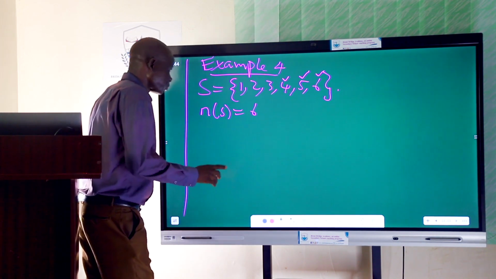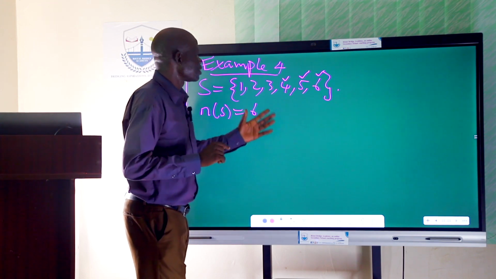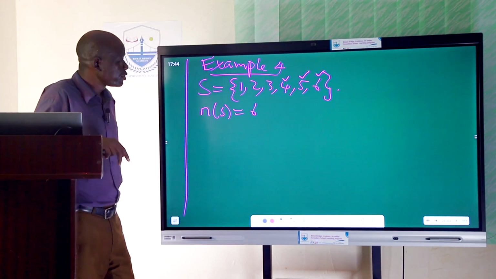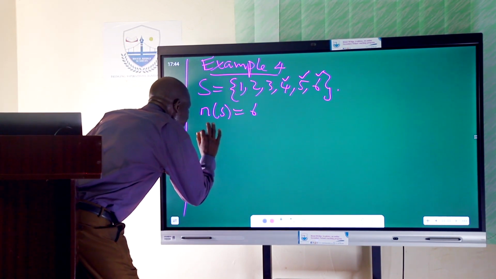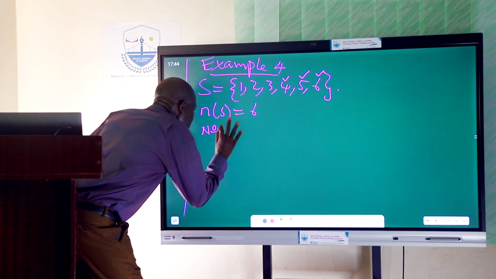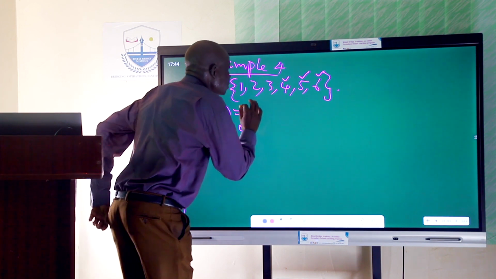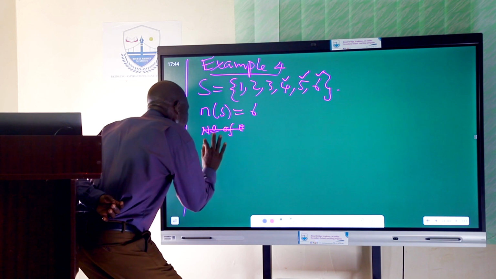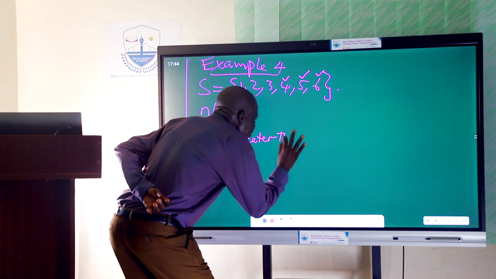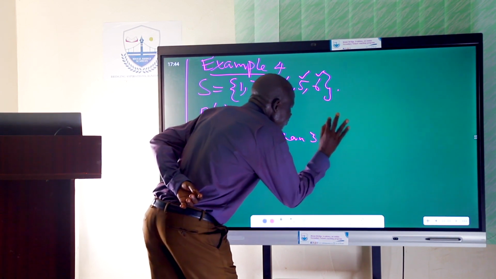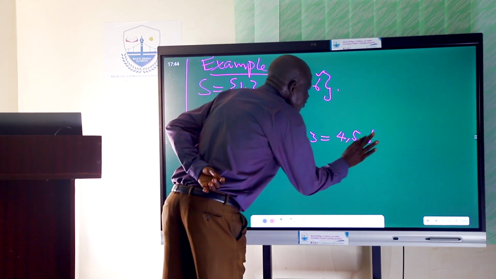So the number of events greater than 3 are 3 of them. We can say the numbers greater than 3 are 4, 5, and 6.